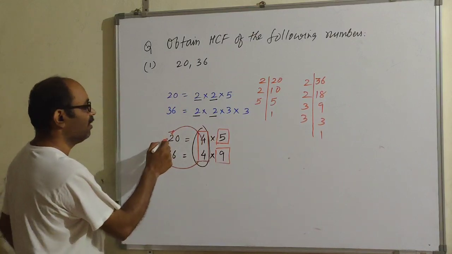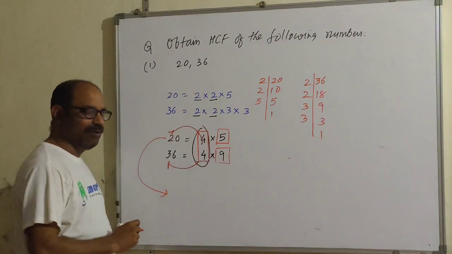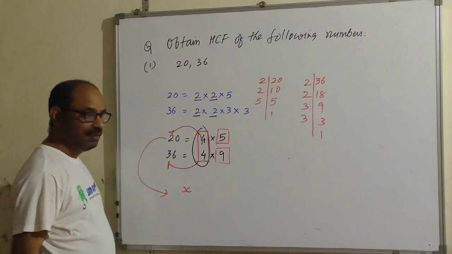Again, something to be observed here. Let me say this 20 is unknown by writing x.